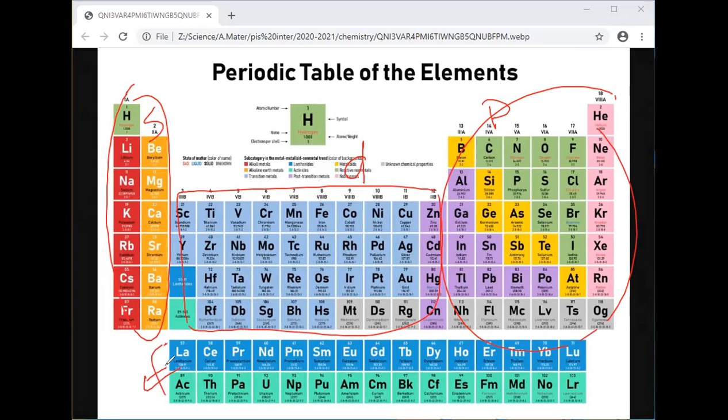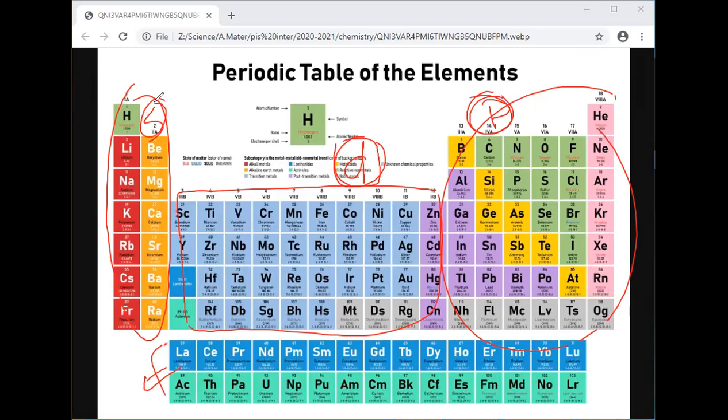So what they represent is the sub-energy levels, which means each block represents the sub-energy level that's being filled. So for the elements found in this part, the outermost energy level that's going to be occupied is the S, while here they fill the sub-energy level D, while here we fill just P. So S means that we filled S, P means that we filled P, and likewise D and F. That means the elements found in this block could occupy the sub-energy level D, while these elements of course have no D, and these elements have no D. Here we just contain S, here P and F like this.